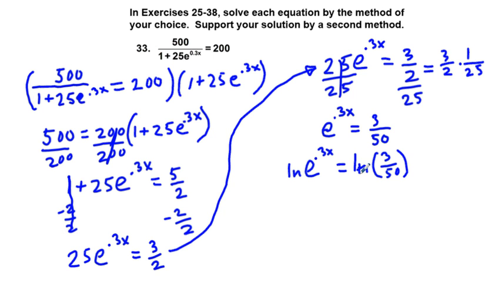Next, the ln and the e cancel each other, so we get 0.3x is equal to the natural logarithm of 3/50ths. And last step to solve for x, we divide by 0.3. We have x is equal to the natural logarithm of 3/50 over 0.3.